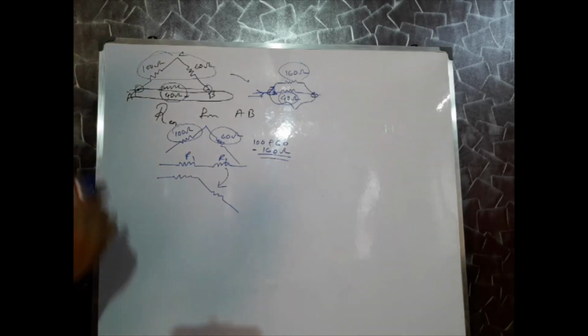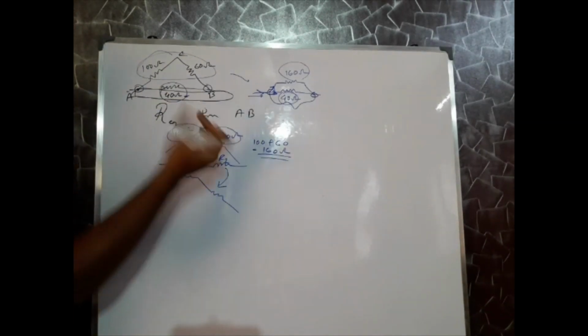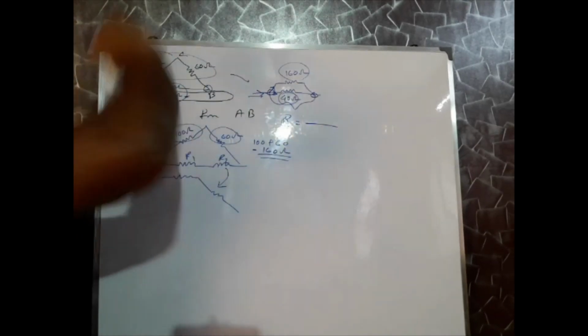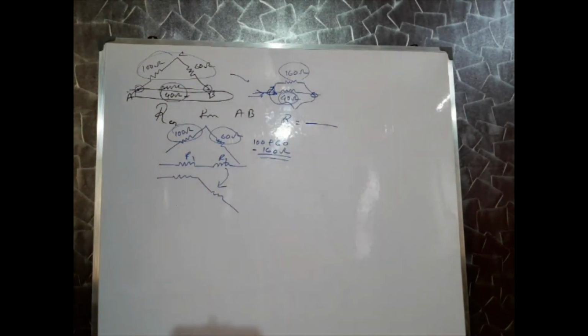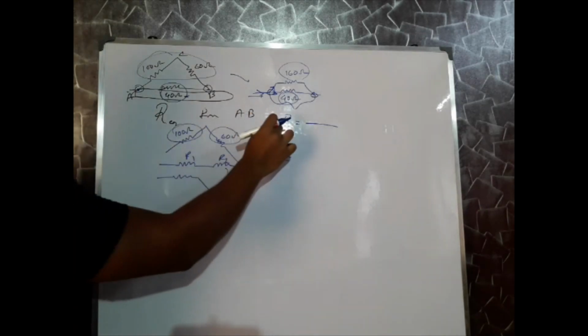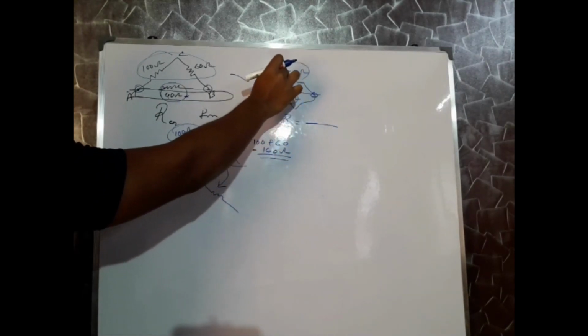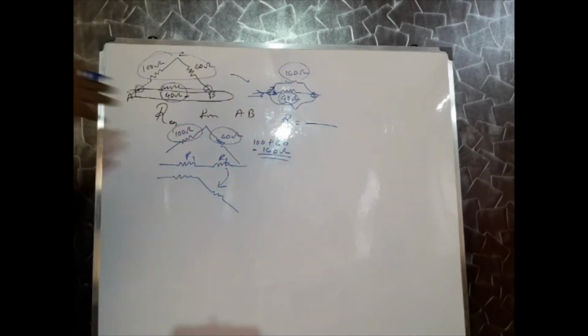So if you want to determine the equivalent resistance for AB, the answer will be simply the multiplication of the 2 resistors divided by the addition of the 2 resistors. I already told you in the previous content how to find the equivalent resistance when 2 resistors are connected in parallel.